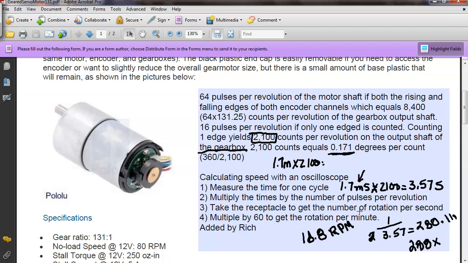So how many revolutions would I have in half a minute, 30 seconds? I know what's going on. Hold on.